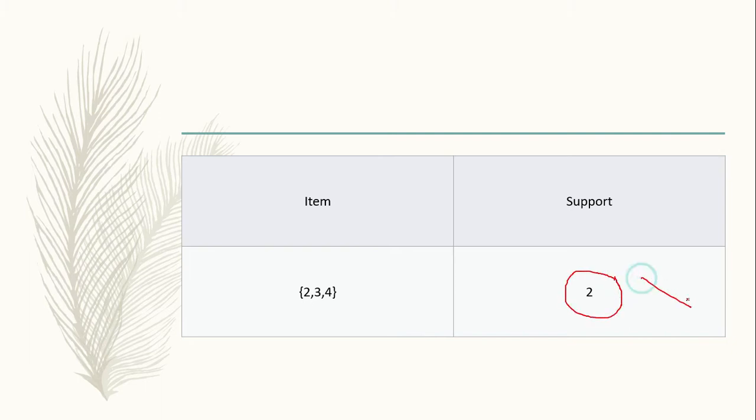No, it is not valid because it does not satisfy the support 3 condition. So there are no frequent triplets. 2 3 4 is below the minimum threshold, and the other triplets were excluded because they were supersets of pairs that were already below the threshold.